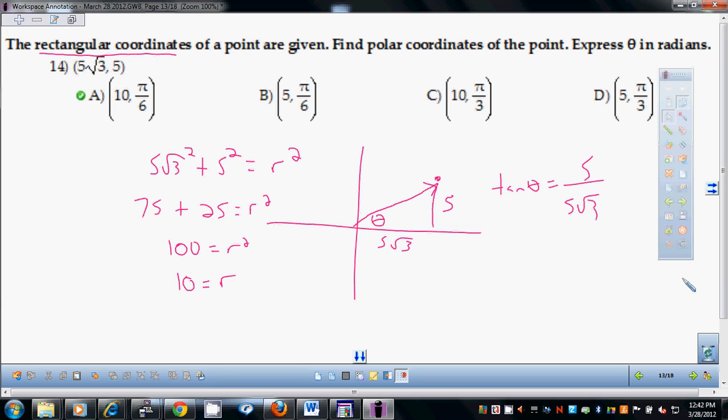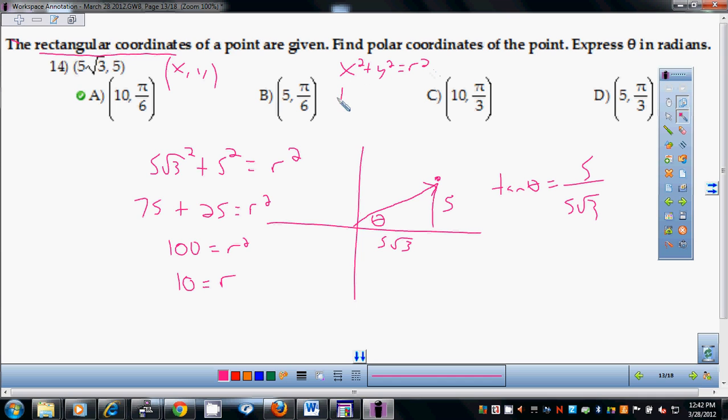Which part? The quick way? Okay, essentially, when you're doing this problem tomorrow, it's giving you an x and a y, right? A quick way to do it, this right here will solve for your radius, and this will solve for your angle.